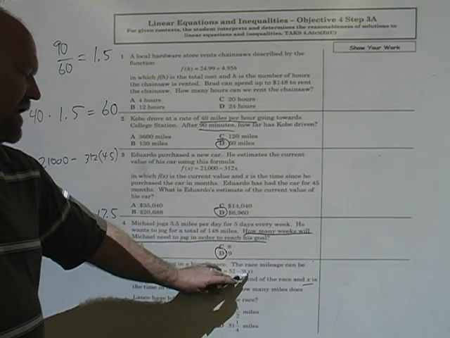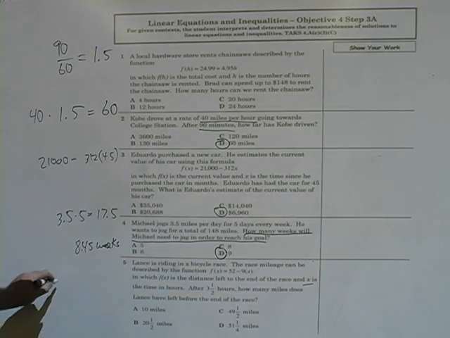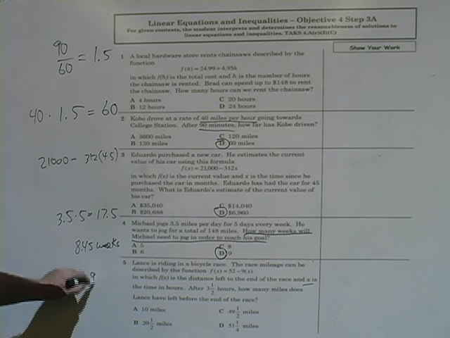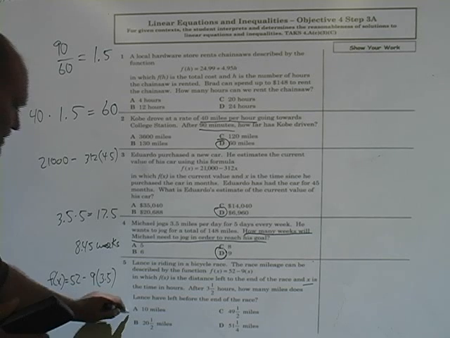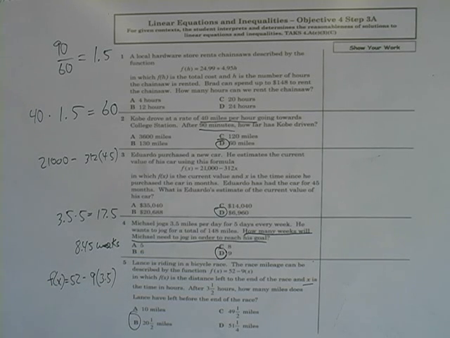So we're going to plug 3.5 in right there. f of x equals 52 minus 9 times 3.5. Let's just put that in the calculator. And you get 20.5.